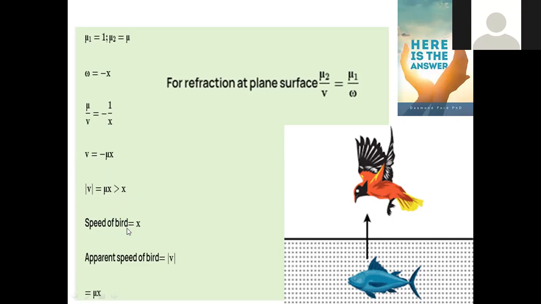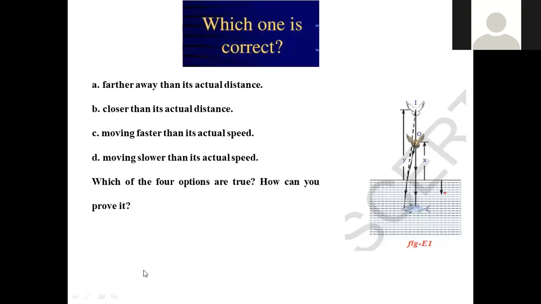And the second is about the speed of the bird. Let us assume the speed of the bird is taken as x. The apparent speed of the bird is equal to mod v. That is given by mu x. Mod v is given by mu x.